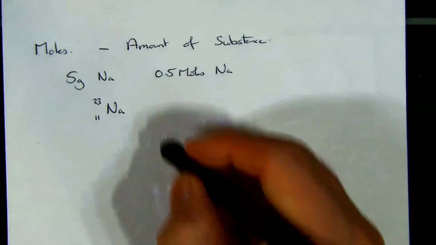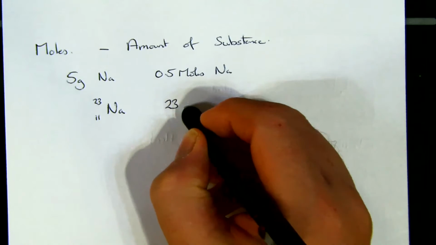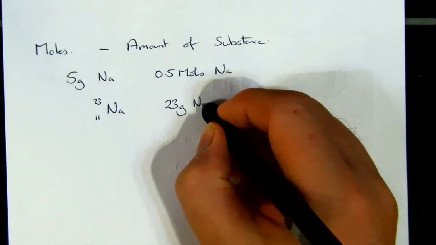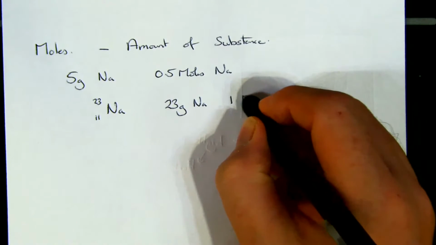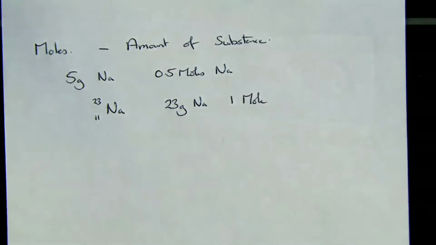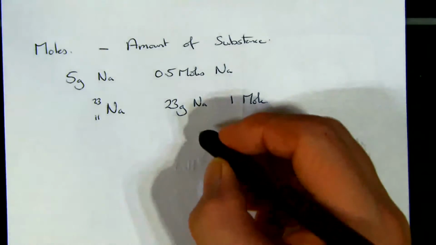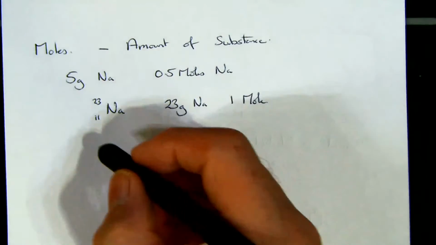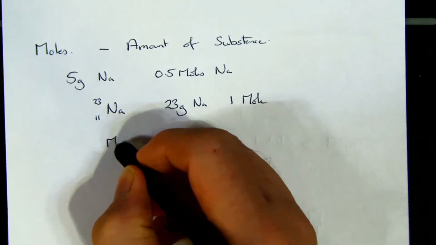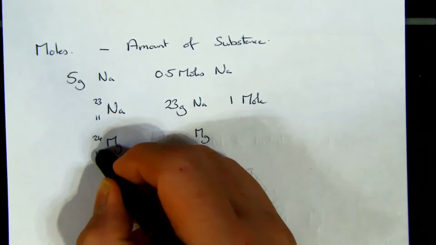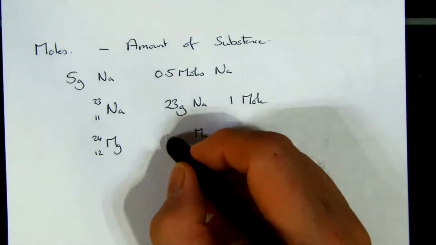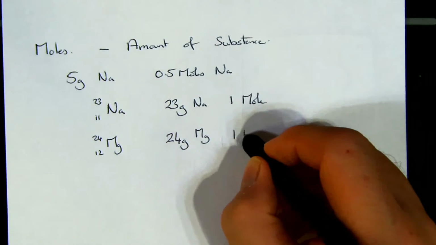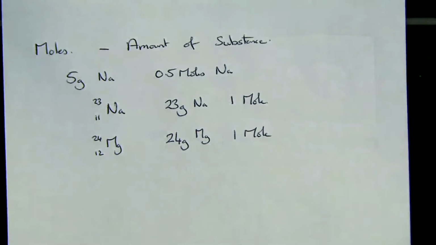If I take 23 grams of sodium, I have 1 mole of it. If we look at magnesium, then magnesium has got 24, 12. So if I take 24 grams of magnesium, this is 1 mole.